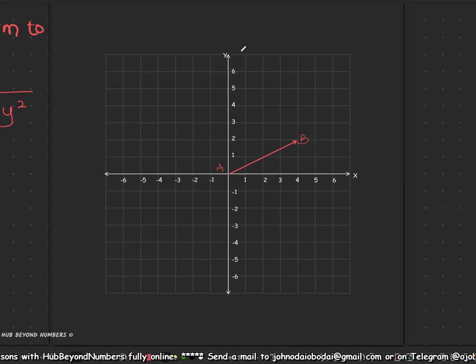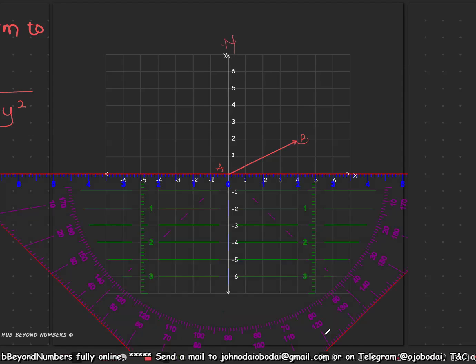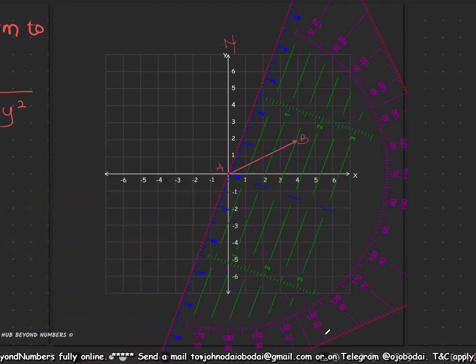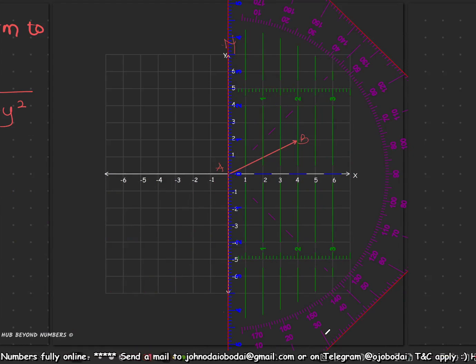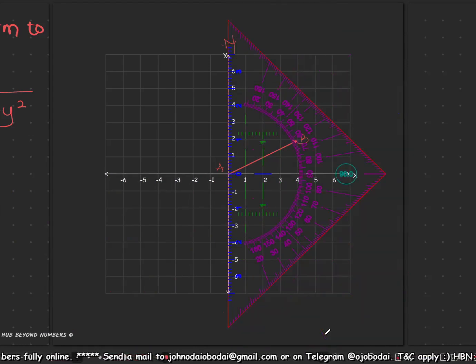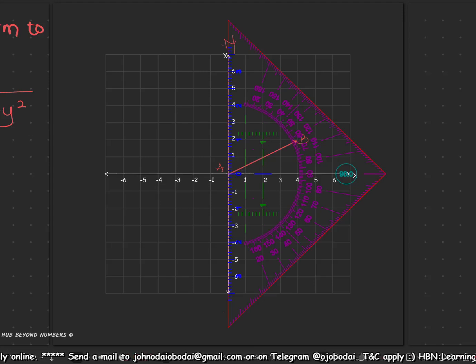The angle it makes from up here, which is our north. So I'll take my protractor and do that measurement, and we look at where this line passes through. I'm just going to use an imaginary line to take note of that point. You see, it passes through here.